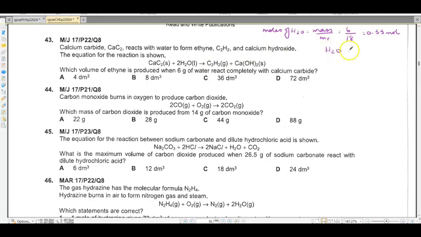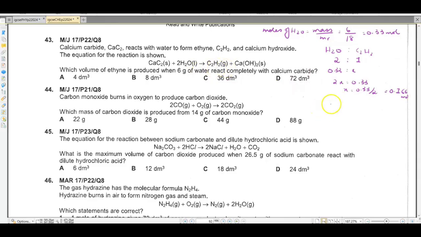Now with the help of the moles of water, we can find the moles of ethine. How do we do that? We compare their ratios and their moles. So 2 of water and 1 of ethine was there, and 0.33 of water and x. So 2x is equal to 0.33 and x is equal to 0.33 over 2. So this is going to give us 0.166 moles. Once we have the moles of ethyne, it is very easy to find its volume.